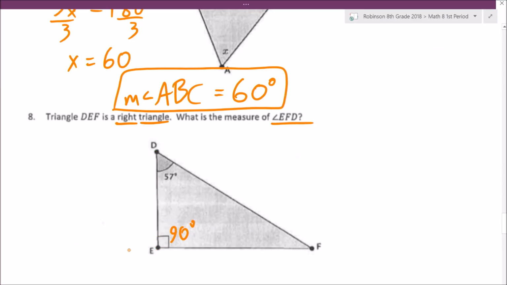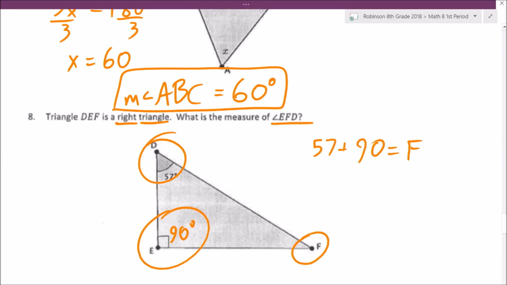So write that in. Now, notice that's a right angle because this is a right triangle. Now, this part becomes easy. 57 up here plus 90 from down here plus F equals 180.